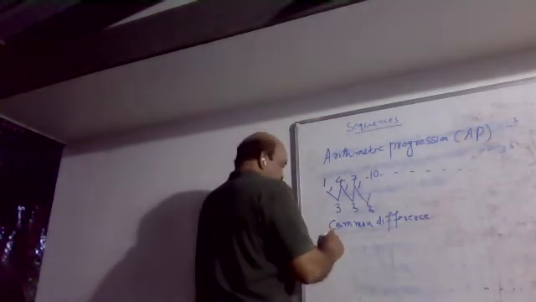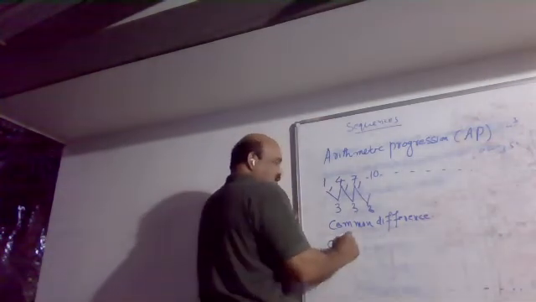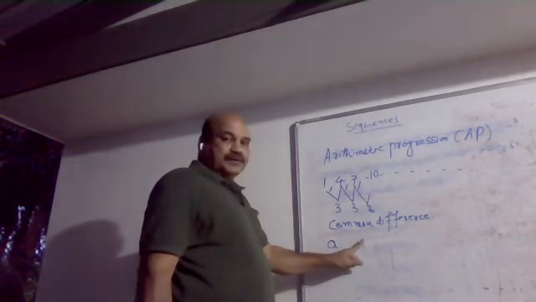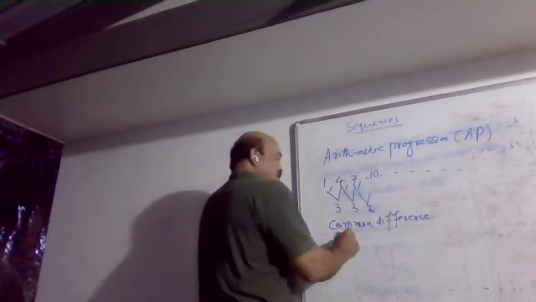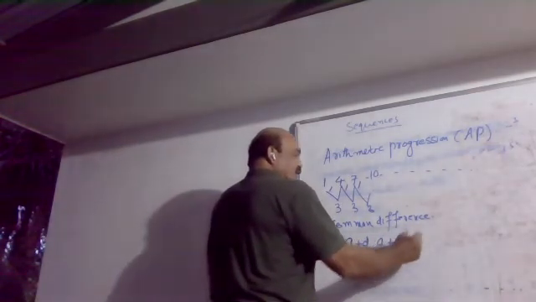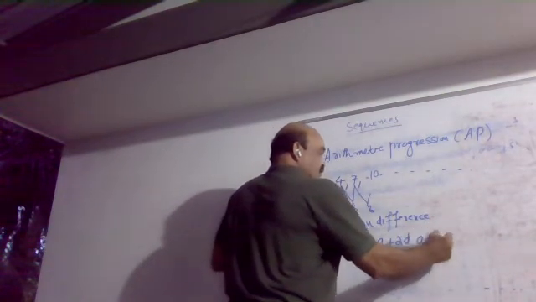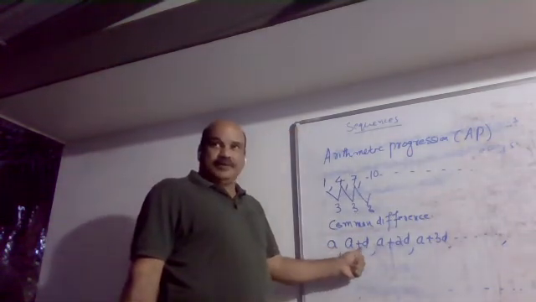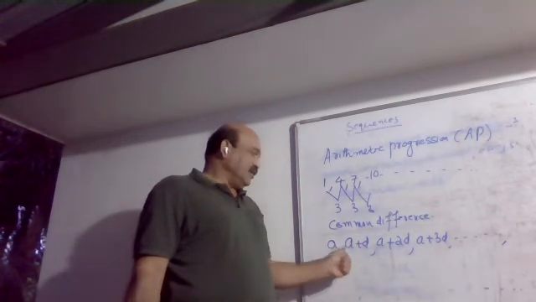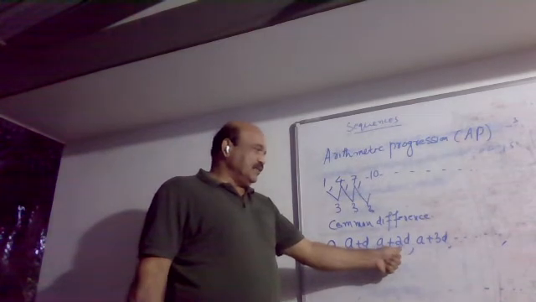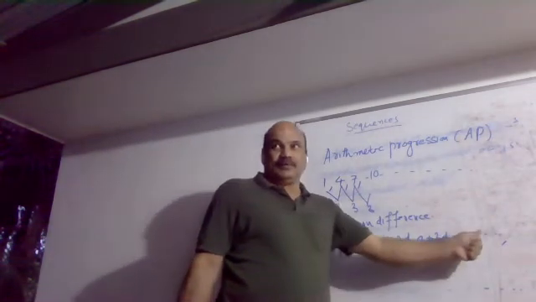Let A be the first term and D the common difference. Then A plus D, A plus 2D, add D again, A plus 3D, etc. If you add D to A, you get the second term. Add D again, 2D, then 2D plus D, 3D, and it goes on.